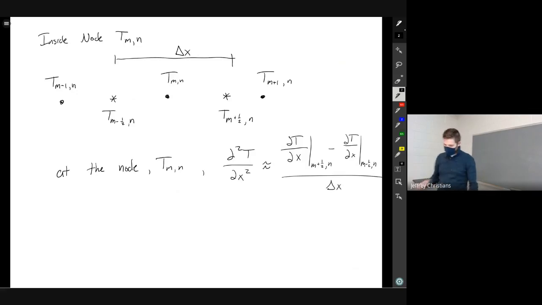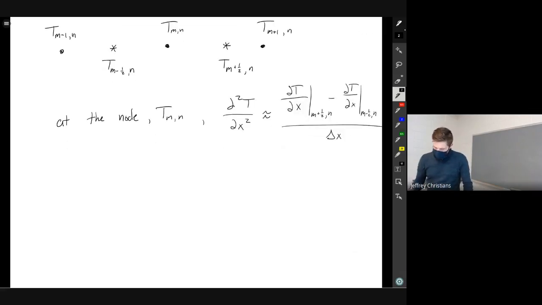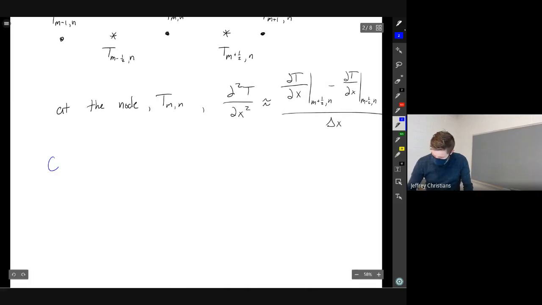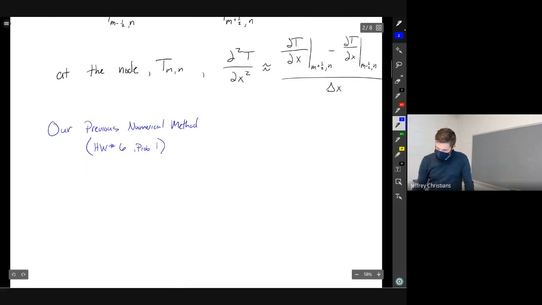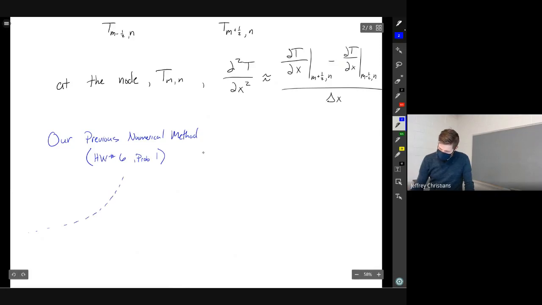Maybe we're more used to thinking about how we would do this as a first derivative. If we look at our previous numerical method, from the past homework, homework 6, we had a real function.